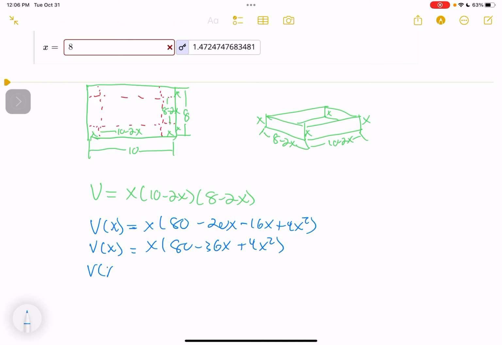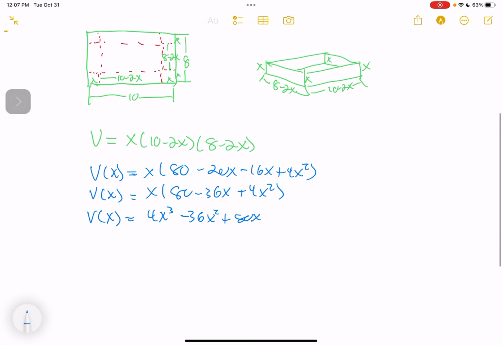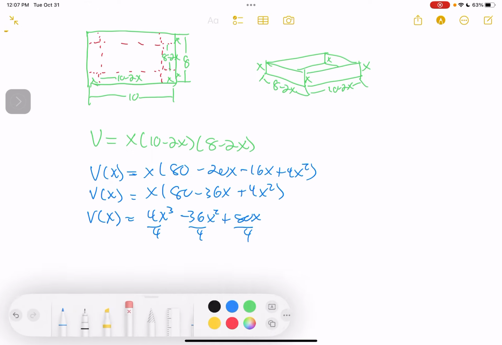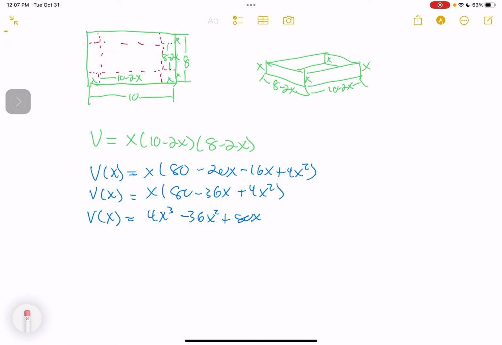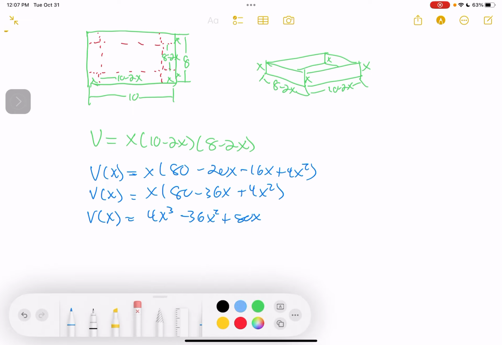And V of x would be 4x cubed minus 36x squared plus 80x. And I just noticed that we could divide everything by 4. Maybe I'll skip that, I won't do that yet because I don't want to mess up my understanding of what's going on.